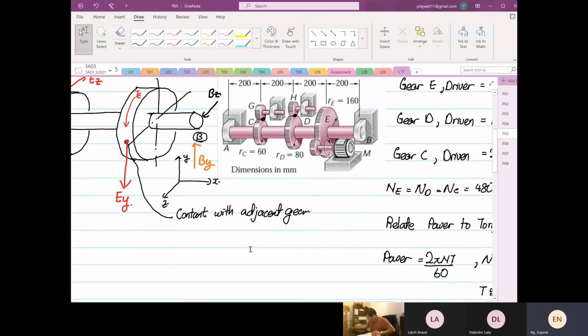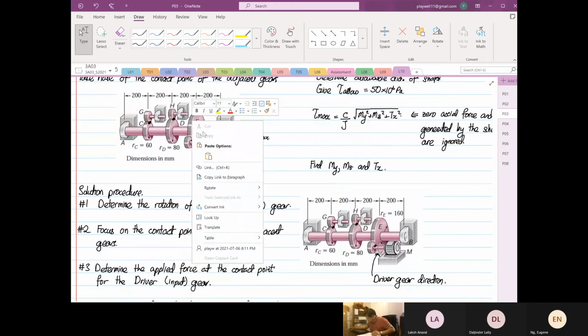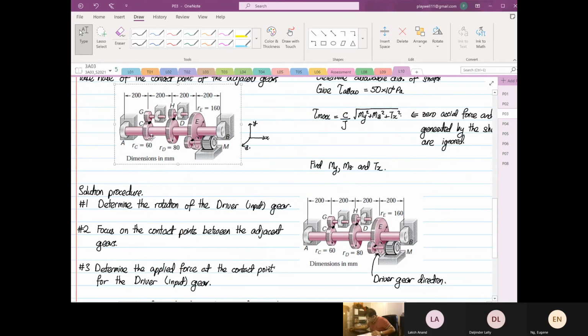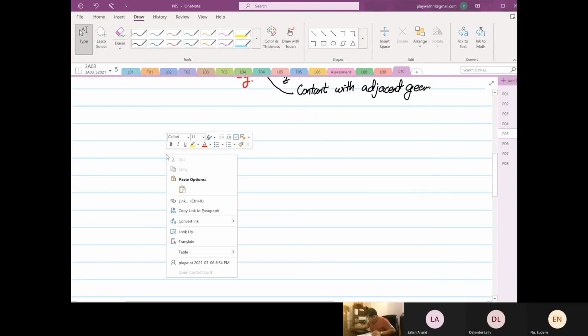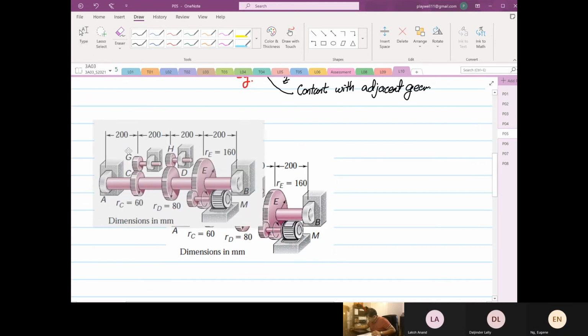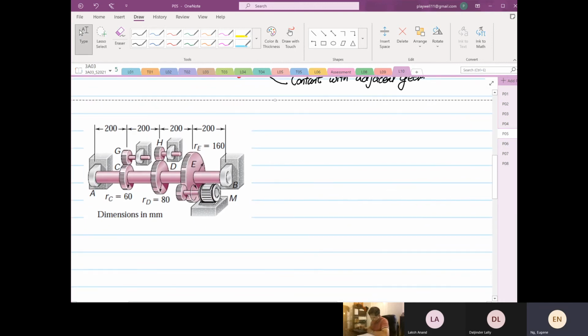This diagram is no good for me now. So we know the power. We're going to look at gear E first.